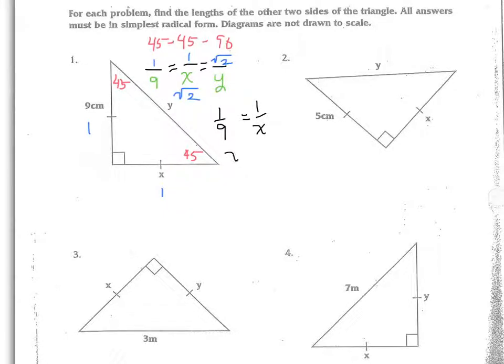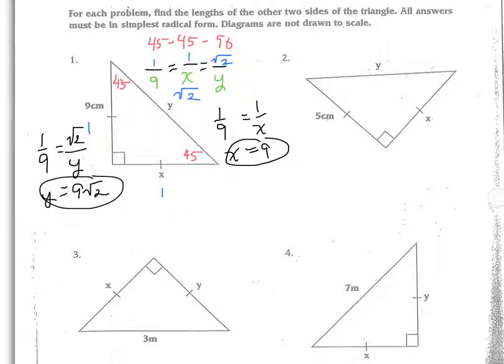And if I cross multiply, doesn't x equal 9? So look at the second proportion. The second proportion would be 1 is to 9 as rad 2 is to y. So if I cross multiply, don't I get y is equal to 9 rad 2? So this method does work, correct?